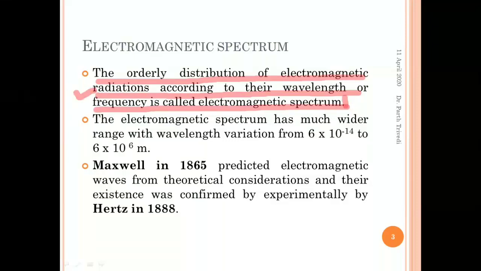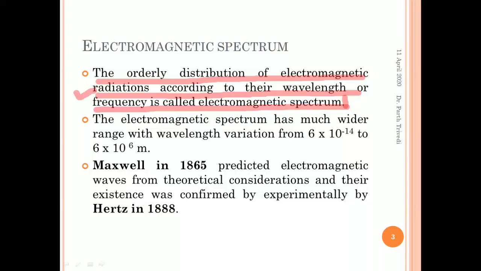As I said, if I have 70 students in the class, I have orderly distributed those students based on their names, from A to Z. A person whose name starts with A will have a roll number ahead of the person whose name starts with Z. This means the orderly distribution: I am distributing the waves as per their frequency and wavelength.